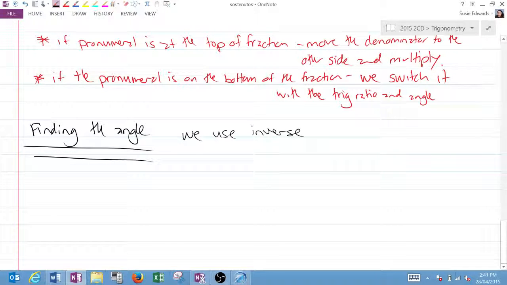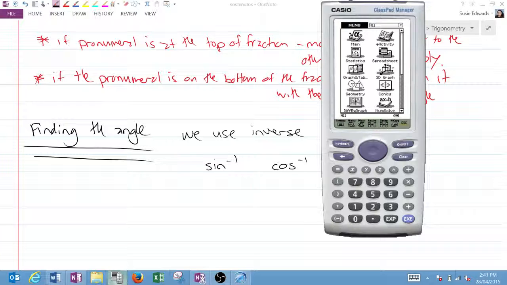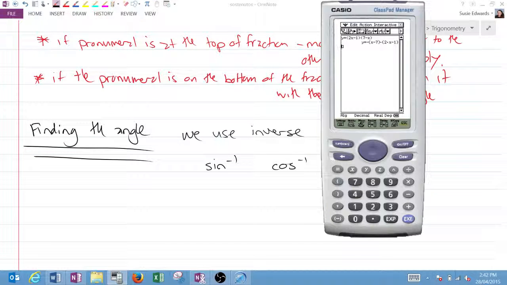So for example, inverse sine, sine -1. Sine to the power -1. Cosine -1, tangent -1. Okay? It's the only time we use these inverse signs. Now, where do we find them in our calculator? Good. If you're using your little calculator, you use shift and then you use the normal ones. If you're using your ClassPad, in your keyboard and under trig, it has them next to each other. So you can see them here. Okay?